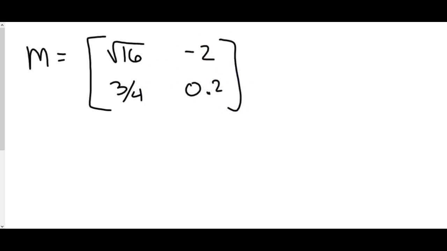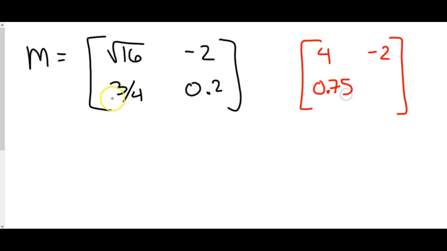So like for this one, you can take the square root of 16. The square root of 16 will be 4. Negative 2 is as simple as it can be. You can't change anymore. 3 divided by 4 you can change. 3 divided by 4 would be 0.5. You would plug 3 divided by 4 into a calculator, and it's going to give you the corresponding decimal.